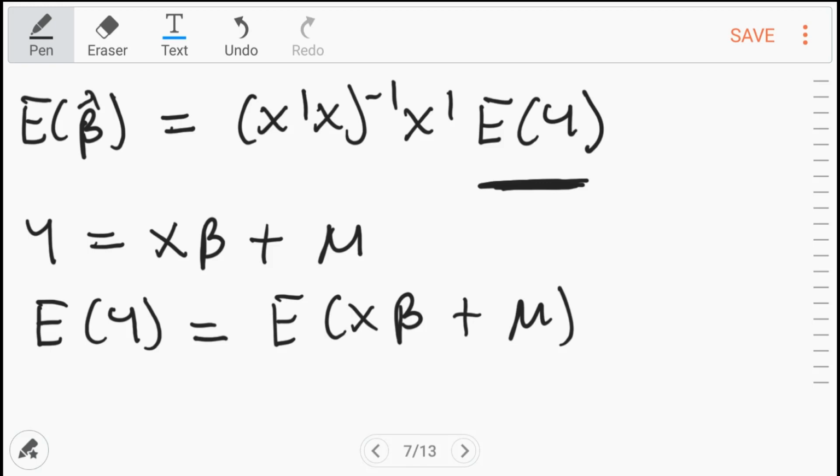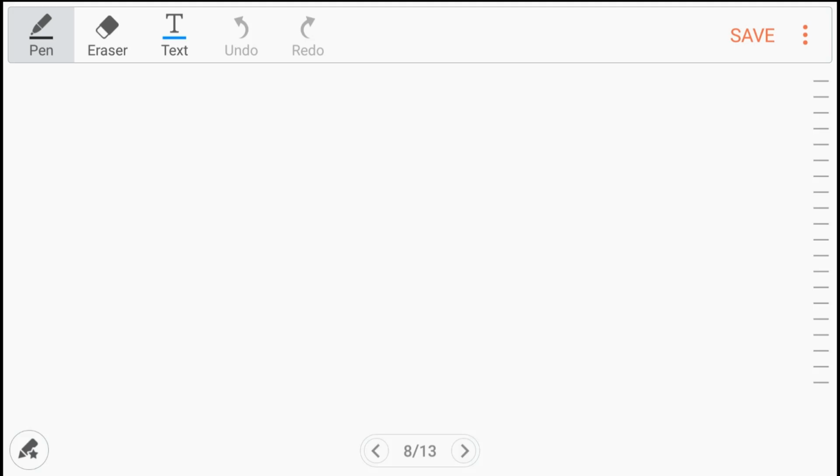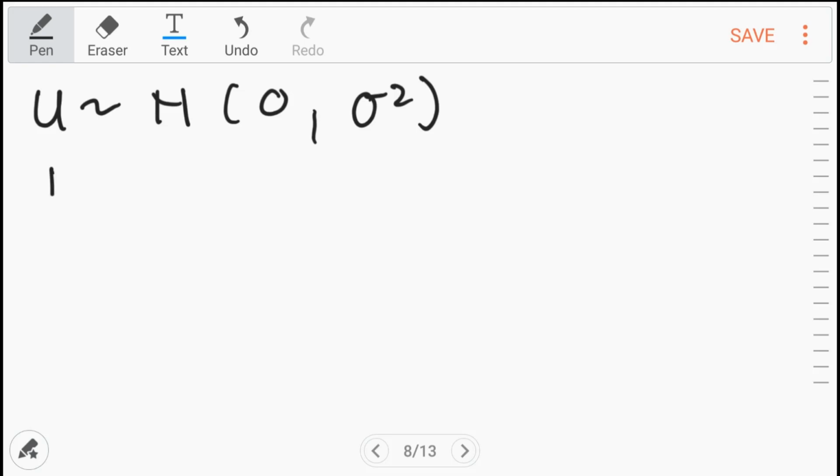Expected value is the same as the mean or average. And we've stated that the error term u follows a normal distribution with expected value 0 and variance sigma squared. It means that the expected value of the error term is equal to 0.